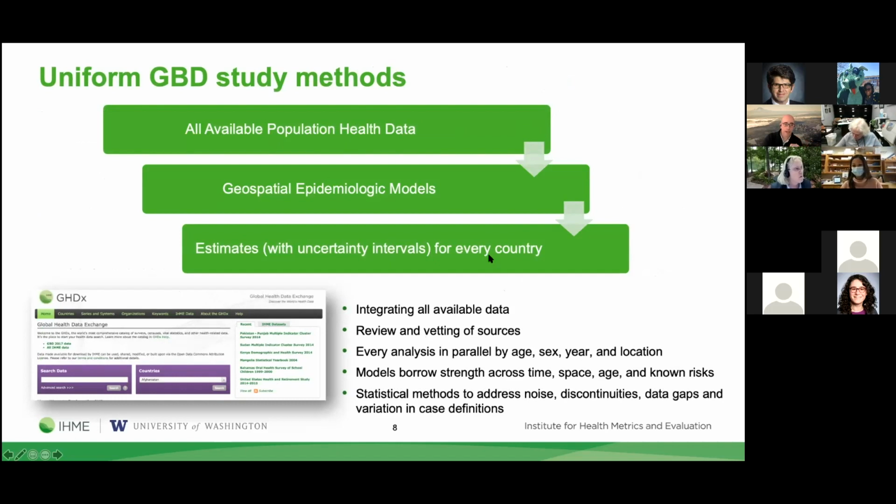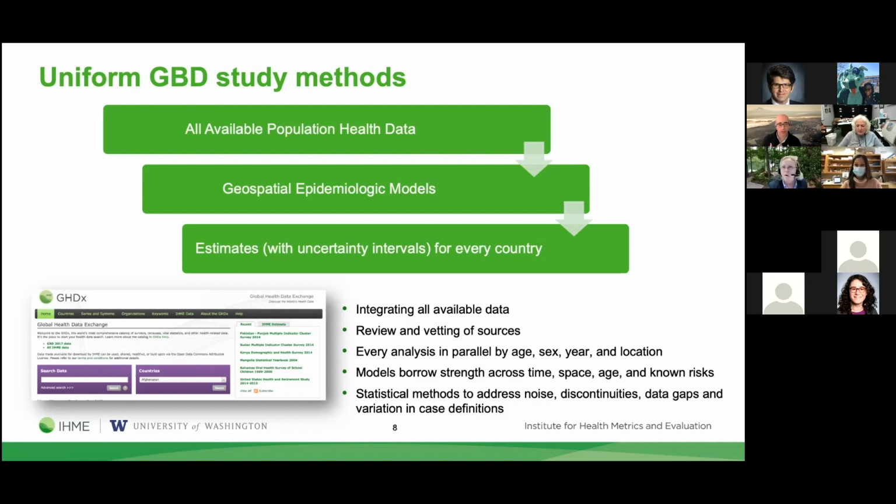Very importantly, we include uncertainty intervals, which have not traditionally been a big part of health statistics, but we think that's a really important way of communicating transparently the strength of the evidence and also the gaps. There are obviously massive gaps in terms of data that's not actually available to us in many places.